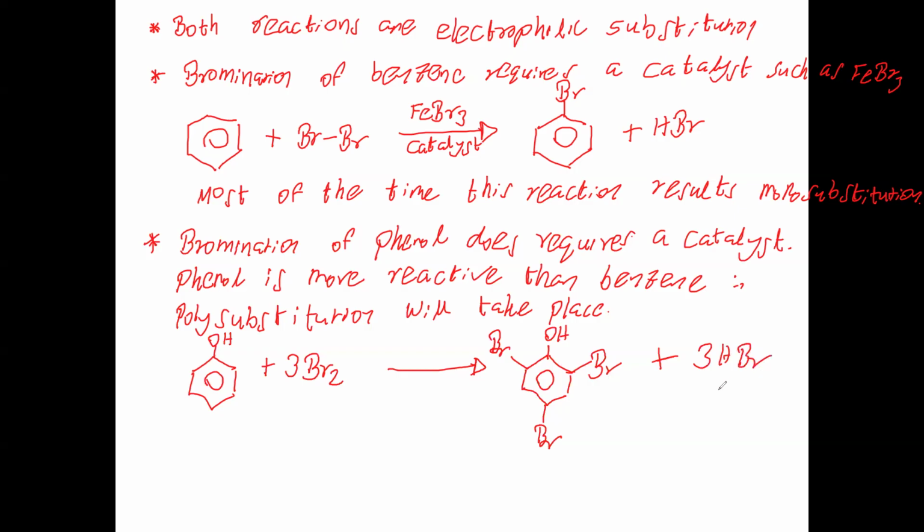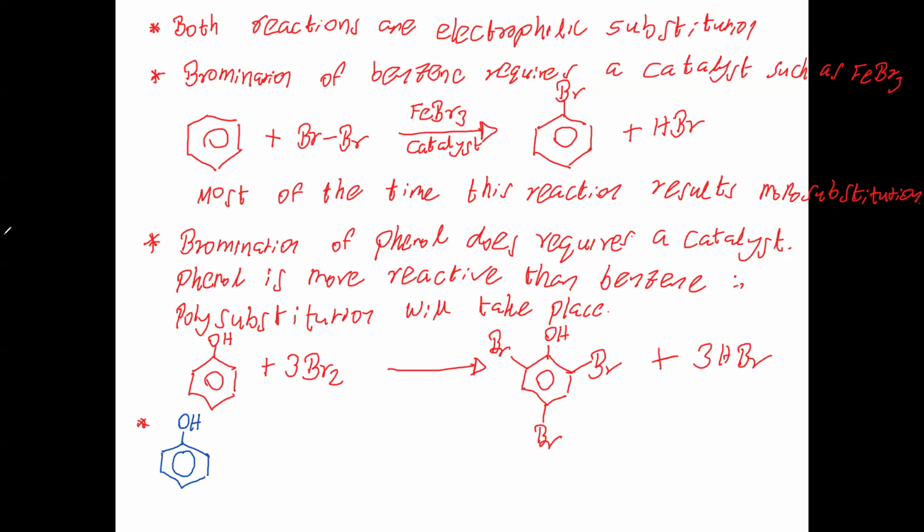Right, now you have to tell why this polysubstitution can take place, why this phenol does not require a catalyst. The reason is, I can write in phenol, I'll use a different color, then you won't get mixed up. So if I draw it as a structure, this is the one. And we know that in phenol, there's an oxygen atom.